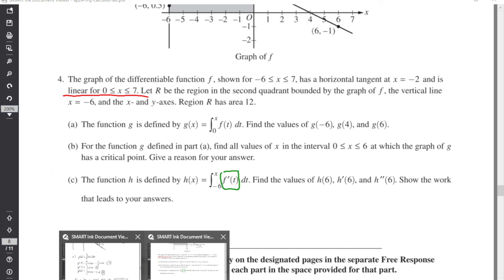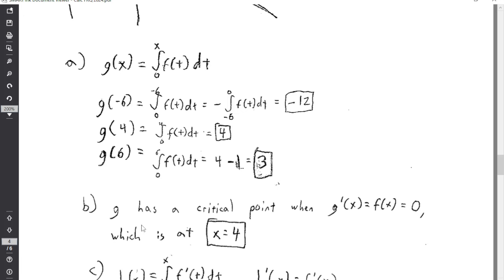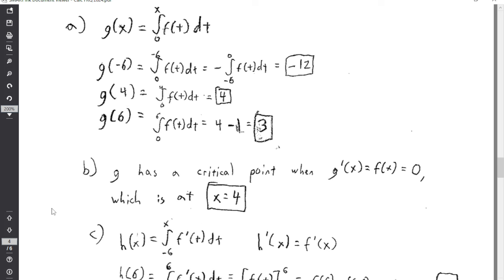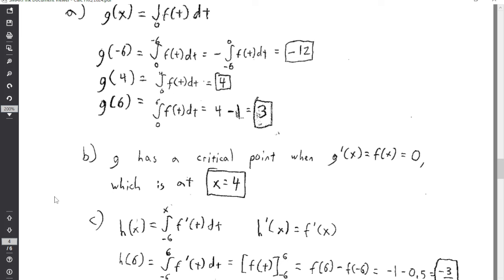So first of all, h prime of x is f prime of x, because the derivative of the integral is itself, fundamental theorem of calculus. So starting with h of 6. H of 6 will be the integral from -6 to 6.